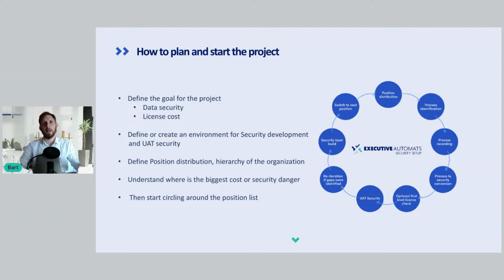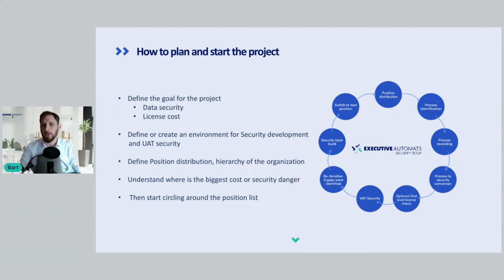Then when we are ready with the user, ready with the role, we are building the layer, which means more and more rows are covered, and at the end of this specific security cycle, we are deploying this to a specific environment where the users can perform broader verification of the system activity. Of course, we are switching to the next position if we have more rows to do, and we just circle this around to make sure that we have all elements included, that we've got all positions covered, and then we've got everything in place. So that's a very simple element.